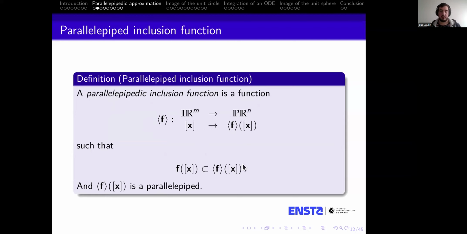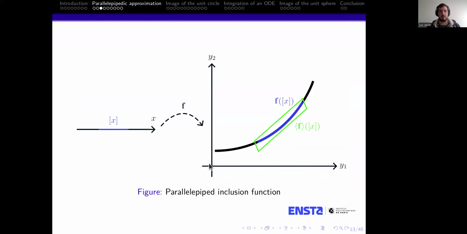And of course, this inclusion is a parallelepiped. If I consider here on the left a box, in this case an interval x, its image by the function f is here in blue, and the parallelepipedic inclusion here is in green. So this is what we want to characterize: we want to be able to find a parallelepipedic inclusion function.